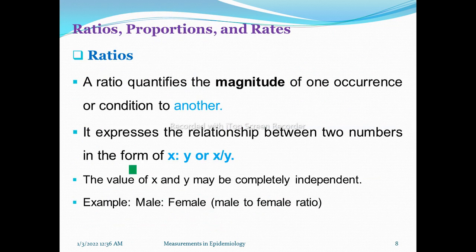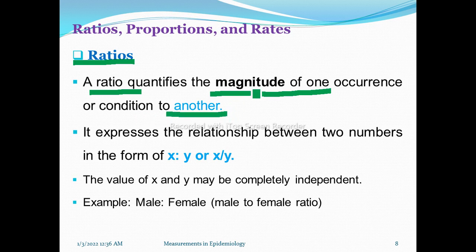Now let us see ratios. A ratio quantifies the magnitude of one occurrence or condition relative to another. That means we compare the magnitude of one condition to the magnitude of another condition. A ratio expresses the relationship between two numbers in the form x:y or x over y.